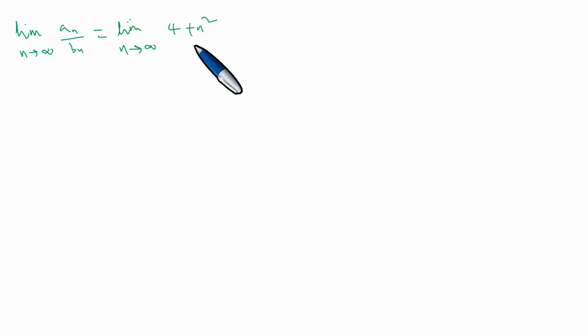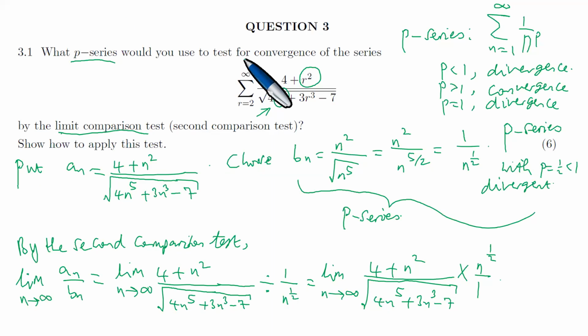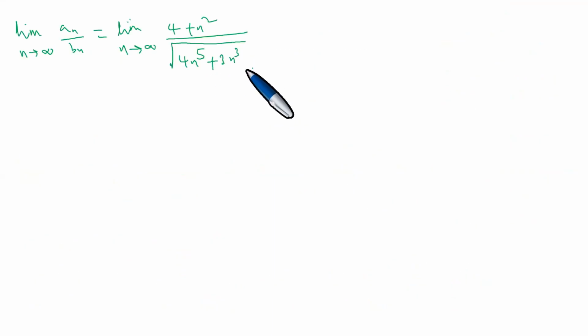All right, so this is 4 plus n squared. You divide everything by the square root of 4n to the fifth power plus 3n cubed minus 7.